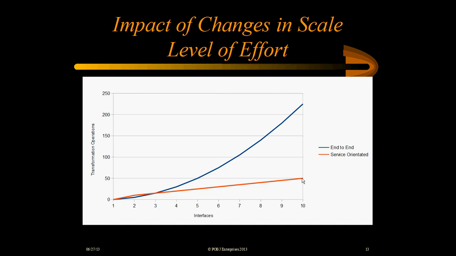And again, if you remember, when we looked at the artifacts and the number of things we had to do, we had to do 5 things with 5 artifacts under end to end. In service oriented, while we had 8 artifacts, some of them got reused, were used twice, specifically the common information model and the canonical model.